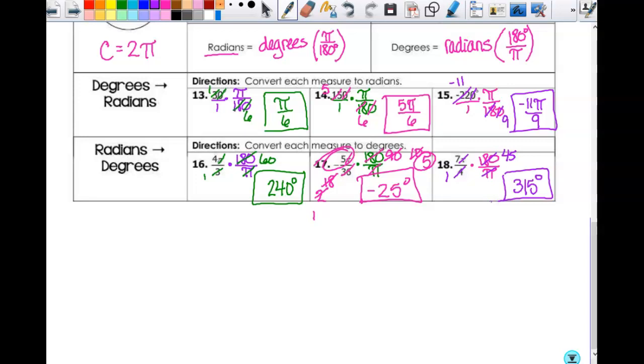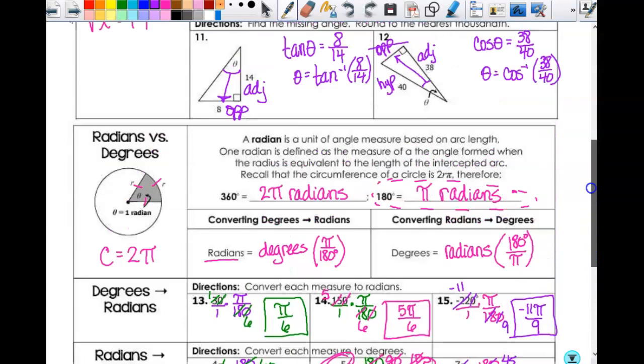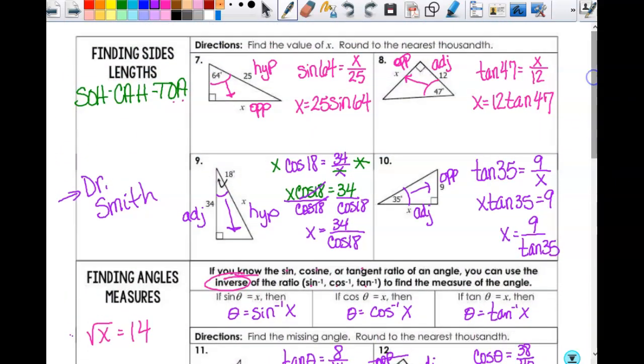Now if you're doing this right here, you're not actually pushing any trig buttons, so it really doesn't matter. But up here, if you were going to push sine, cosine, or tangent, and you're working in degrees, it better be in degree mode, right? So how do I get it in degree mode? Go to mode, and arrow down to degree, arrow over, and hit enter, and put it in degree mode.